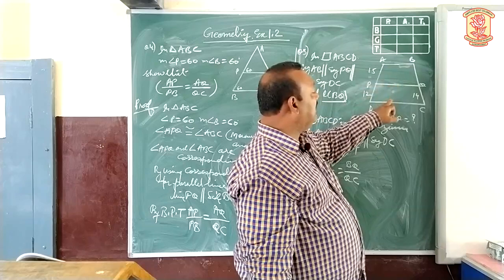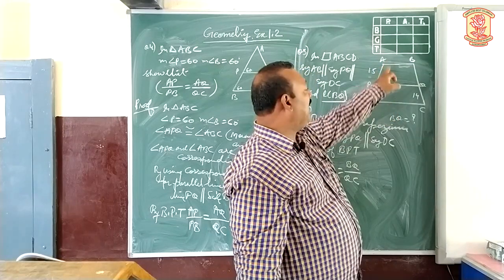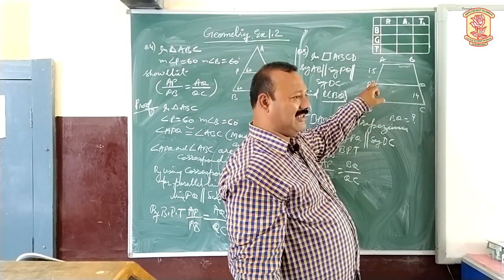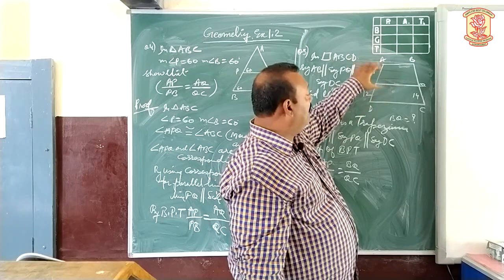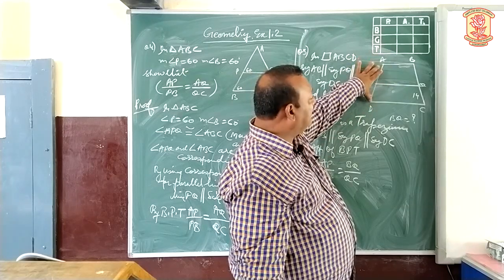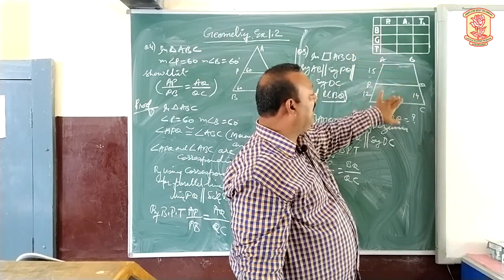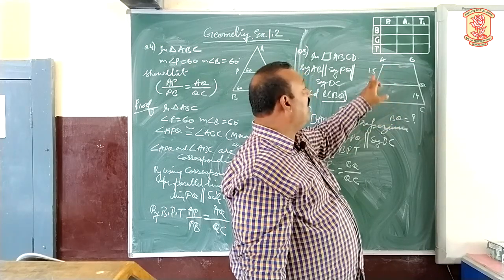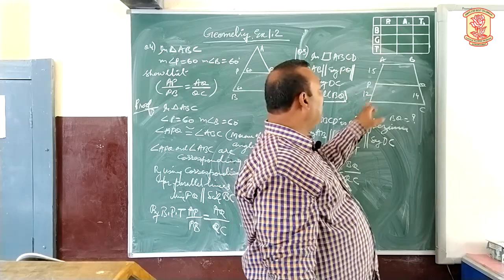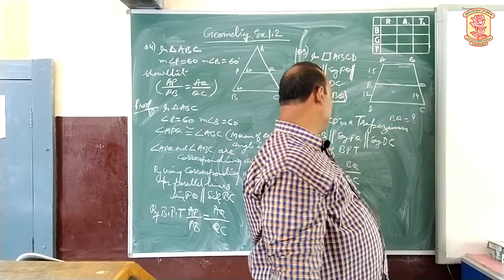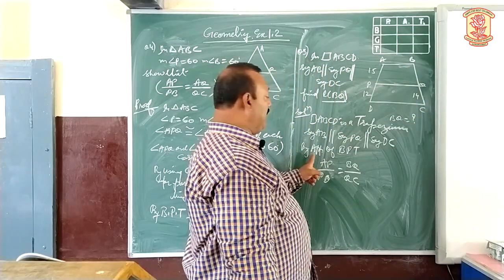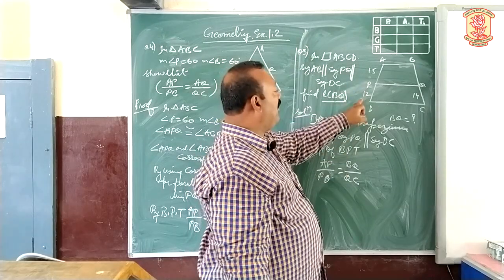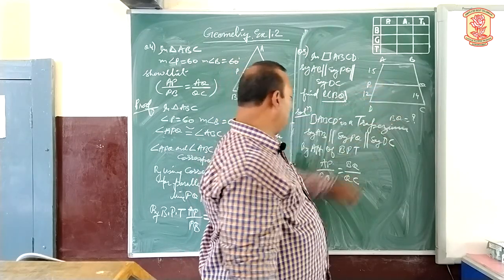When three parallel lines are intersected by transversals, directly make use of BPT. AP upon PD equals BQ upon QC.